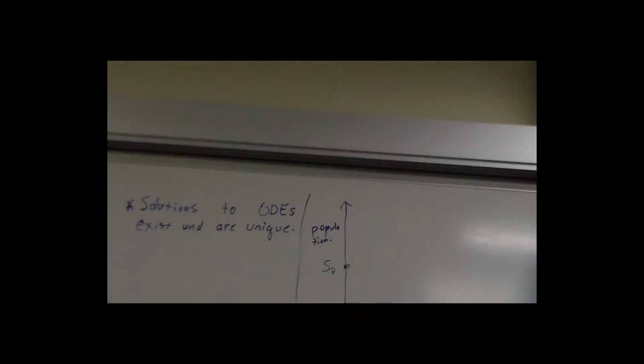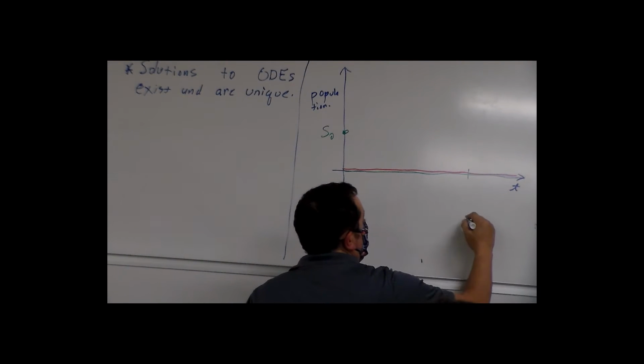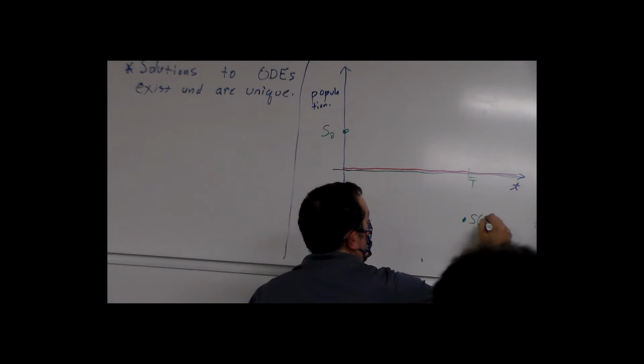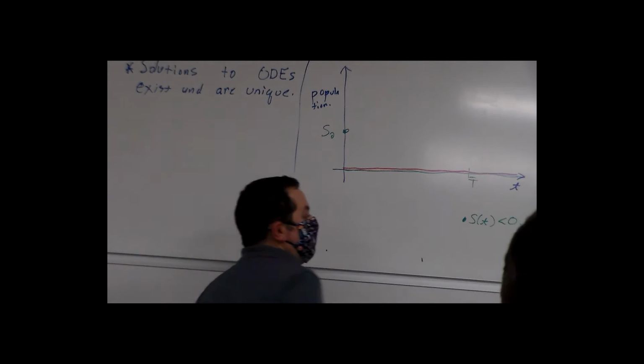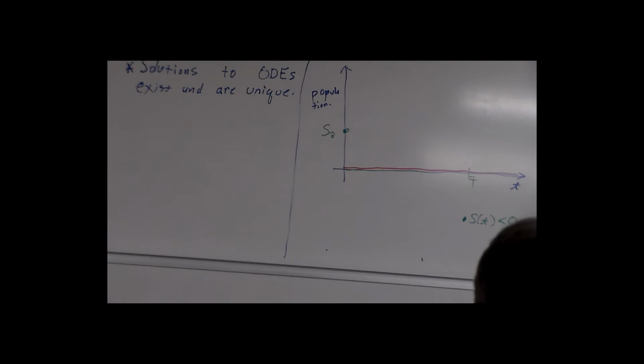Okay? And let's say there exists some point in t, I'll call that t bar, where S of t is negative. How can this be true? You have to find some place where S crosses over the x-axis.